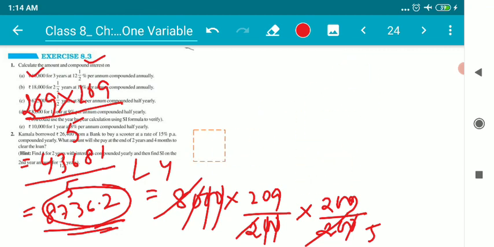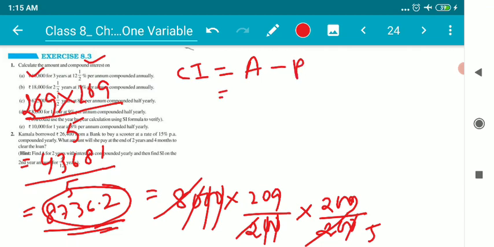So children, how much money am I paying extra? To calculate that, there is a formula: compound interest is equal to amount minus principal. So how much amount do I have right now, children? It is 8,736.2 minus principal, which is 8,000 rupees.